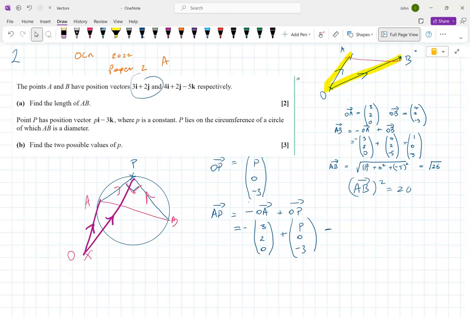Putting those two bits together, you've got AP equals (p minus 3, minus 2, minus 3). And of course we can do the same with the triangle arrangement for BP.